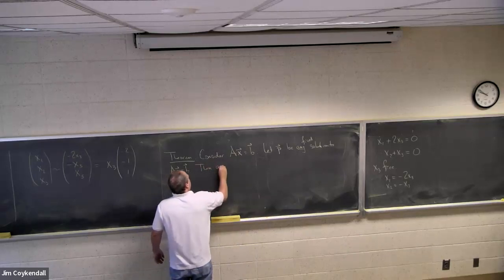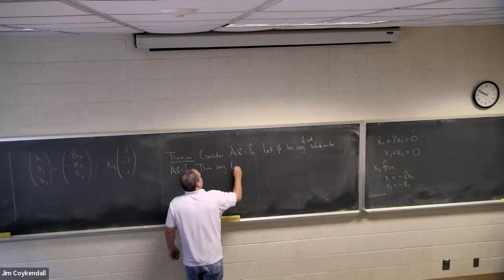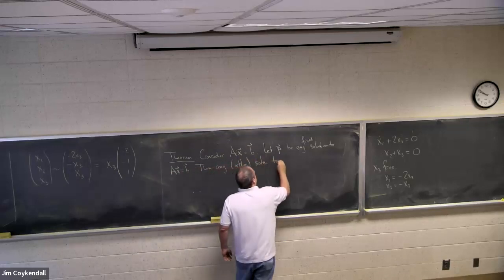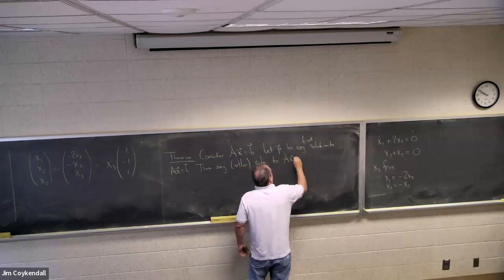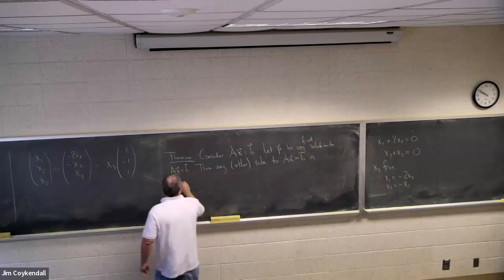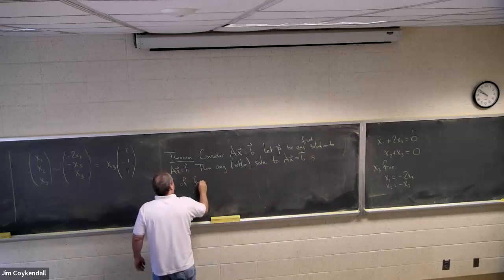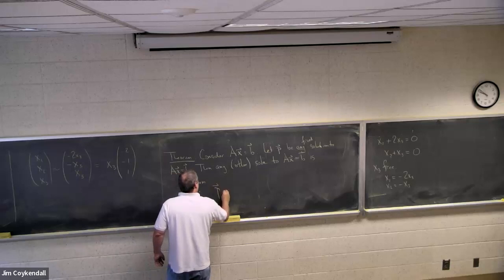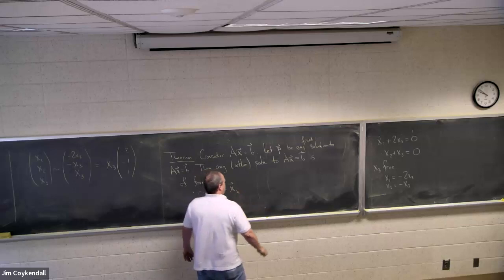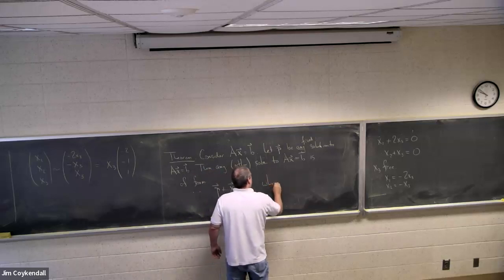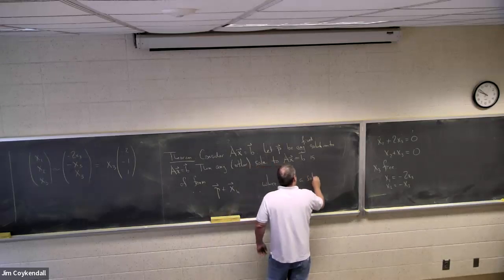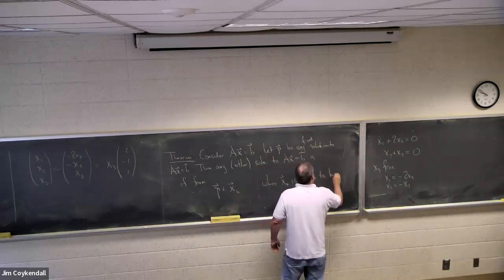Then any other solution to Ax = b is of the form p plus x sub h, where x sub h is a solution to the homogeneous equation.